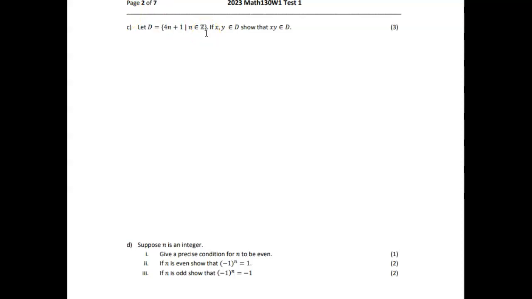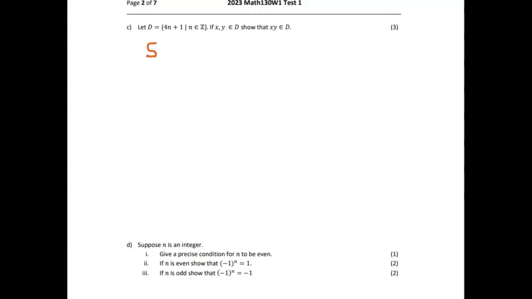Okay, so let D equal that. Basically it's saying n is an element of the integers. You put any integer in that, and then you get a result. That's basically the pattern, or the formula, right? For example, if I take 1, which is an integer, 4 times 1 plus 1 is 5.